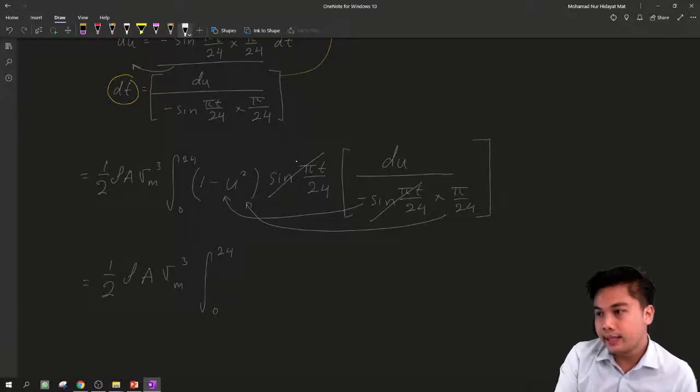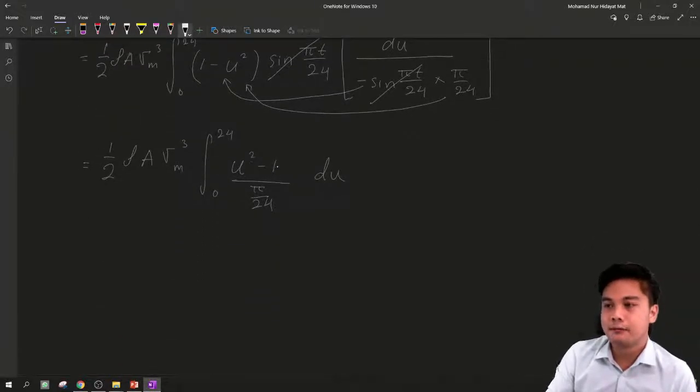This negative multiplied by negative is positive, so let u squared be the first term because it is positive, and minus 1 the second term, since we already multiplied by minus. Then pi over 24, and this is du. This is where we simplify.